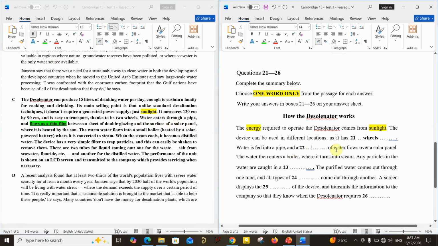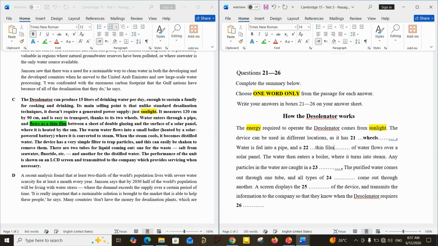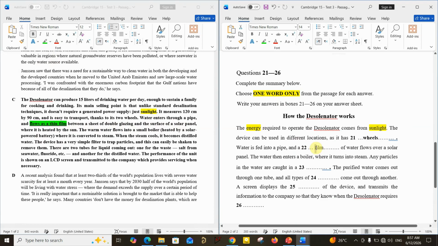So here again, should I write thin film? No, because it says one word only, so just film will do the job.